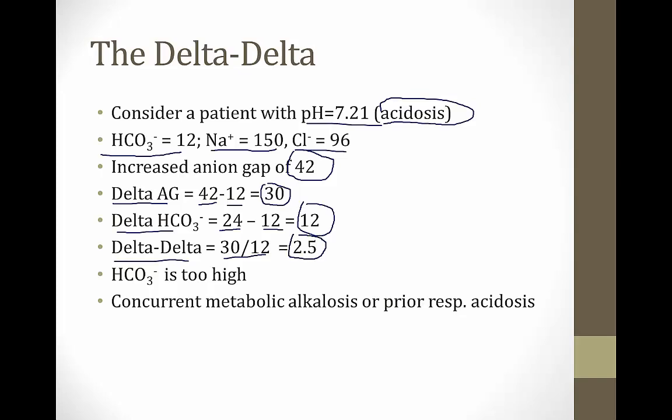This is too high, so that means the bicarbonate level is too high. There must be some concomitant disorder making the bicarbonate level too high. And the two things that can raise the bicarb are a concurrent metabolic alkalosis or a prior chronic respiratory acidosis. So we must have one of these two things going on. And the delta-delta ratio has allowed us to uncover this in the setting of an anion gap metabolic acidosis.